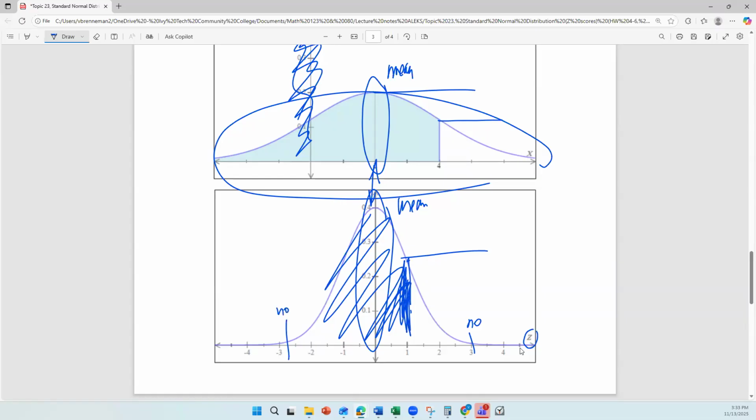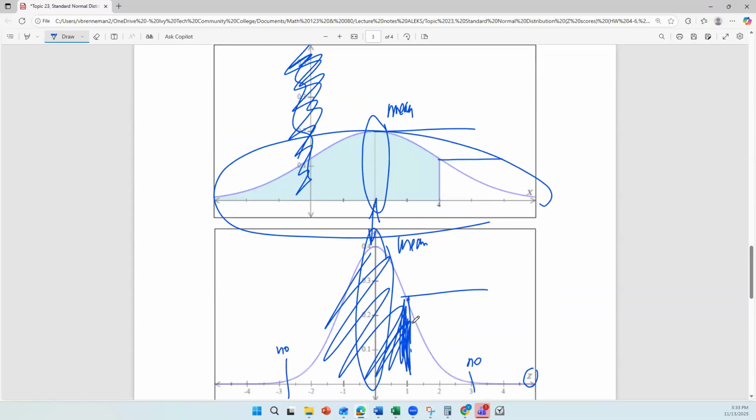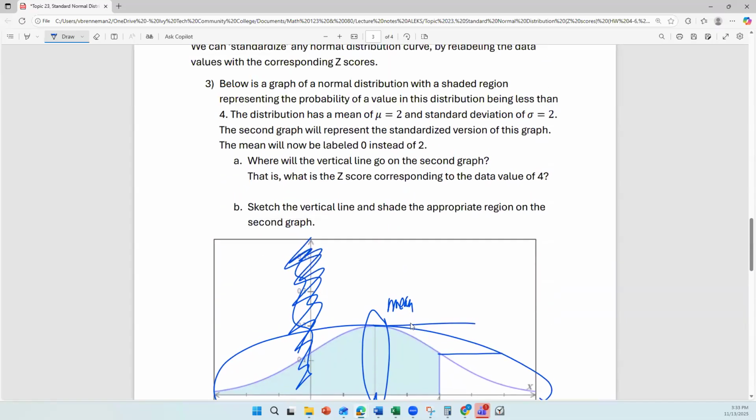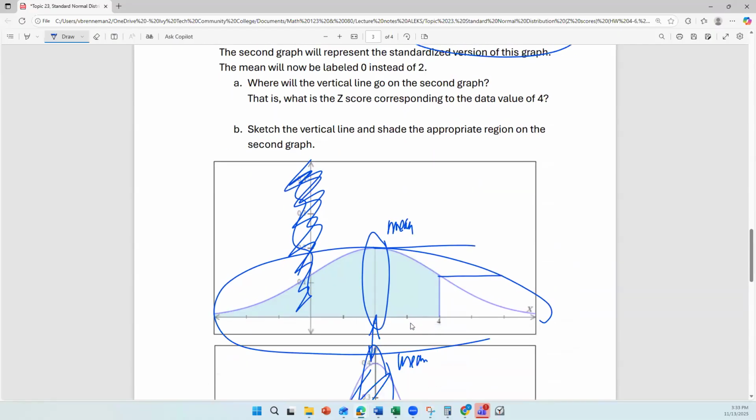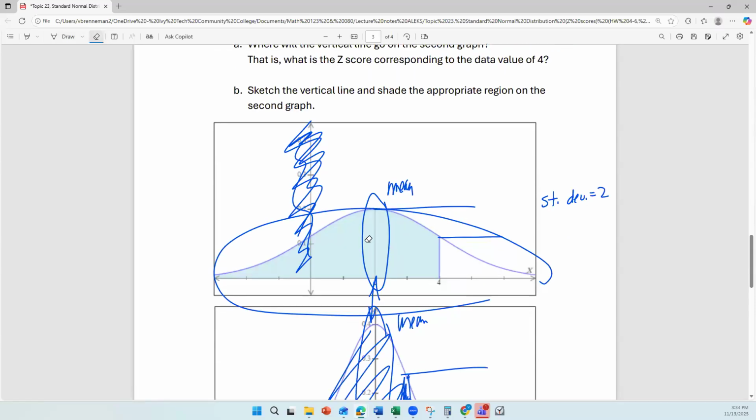How do I figure out exactly where that vertical line is going to go? I can use a z-score or a little bit of information. I need to know the standard deviation. We're told that here: standard deviation of 2. The way I like to do this is I look at that center, here and here, and look at how far apart those are.